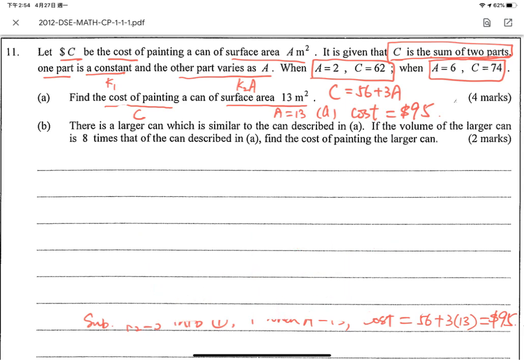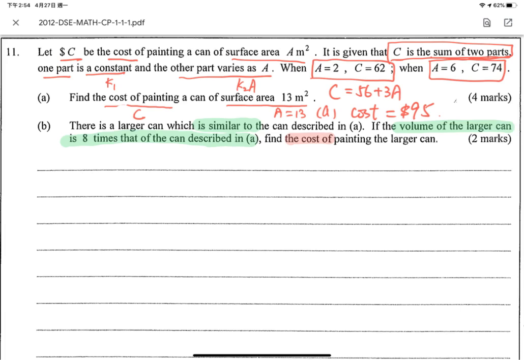There is a larger can, which is similar to the can described in part A. If the volume of the larger can is 8 times that of the can described in part A, find the cost of painting the larger can.